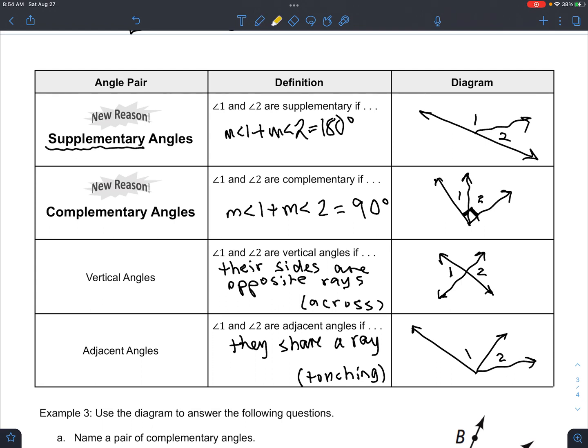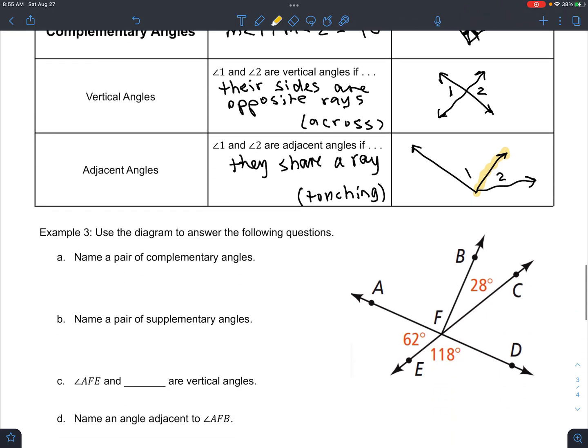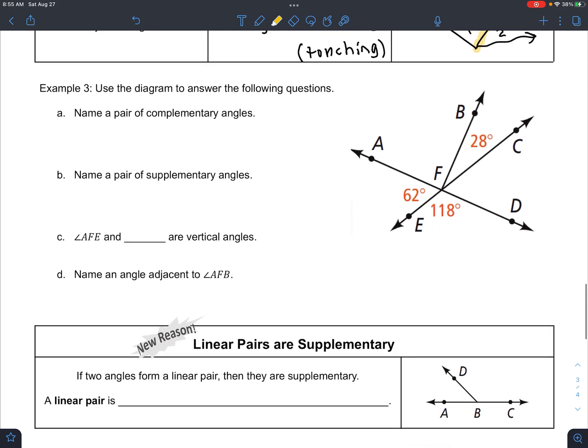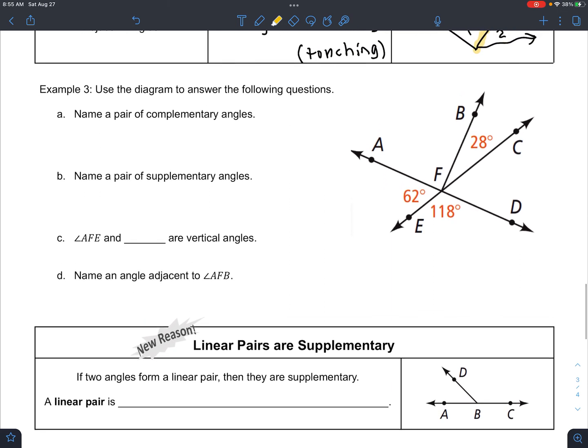Like they share this ray. And when angles are touching like that, you can say a number of things. One thing is that if you add the measures of angle 1 and 2 together, you get the whole thing. That's the angle addition postulate. But that's the definition, and those are the pictures. So on this diagram, these are the last two things here.